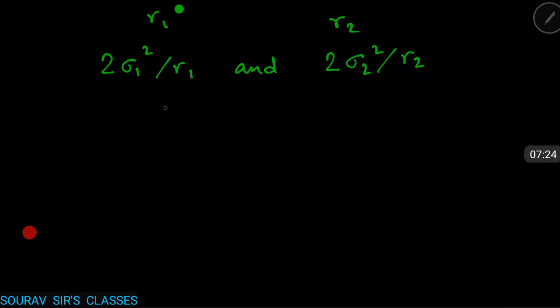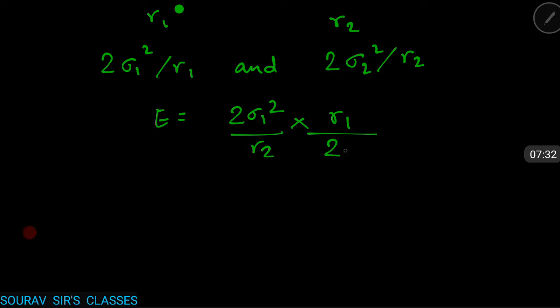Then the ratio E is equal to 2 sigma 2 square by R2 divided by 2 sigma 1 square by R1, which is equal to R1 by sigma 1 square divided by R2 by sigma 2 square, and is termed as efficiency of design D1 with respect to D2.